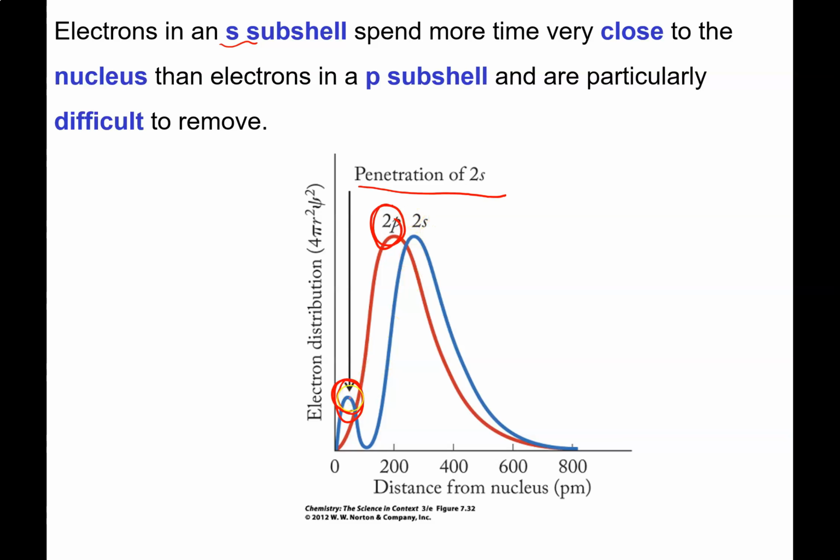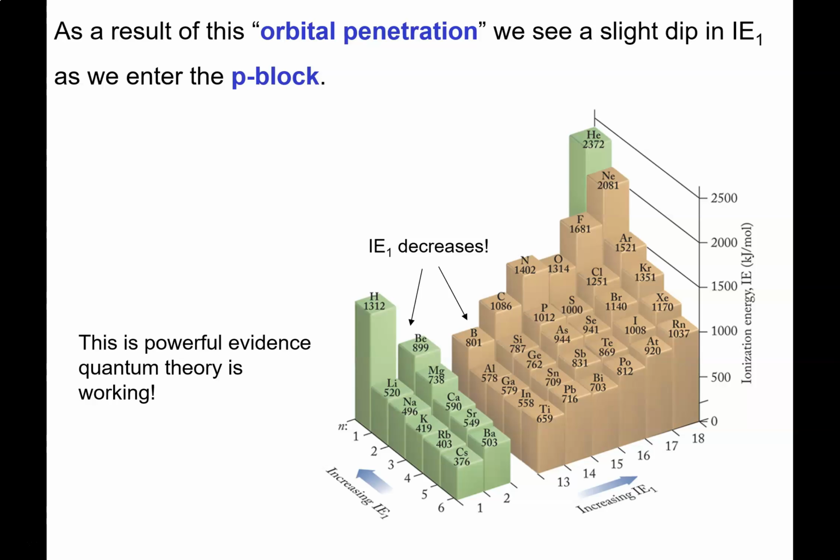So electrons in the 2s are going to be really hard to remove compared to electrons in a 2p. So electrons in a 2s might be harder to remove than we would intuitively expect. And so we see that here: these s electrons are more difficult to remove than p electrons in the same shell.